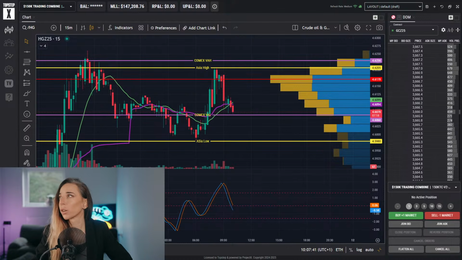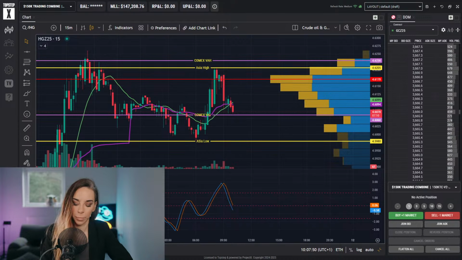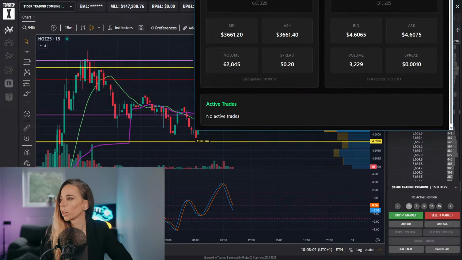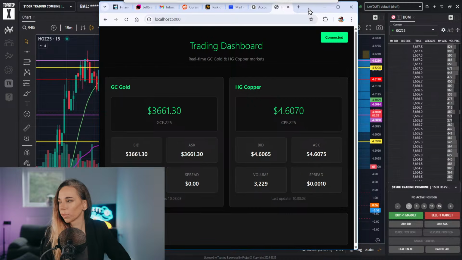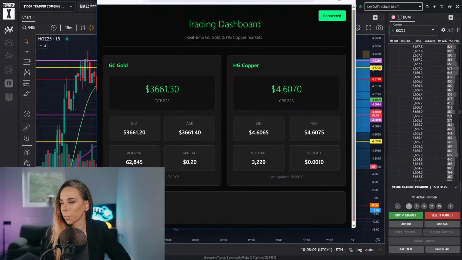I created a little trading dashboard, which is really pathetic because I'm terrible with creating anything visual. So this is what I made yesterday.